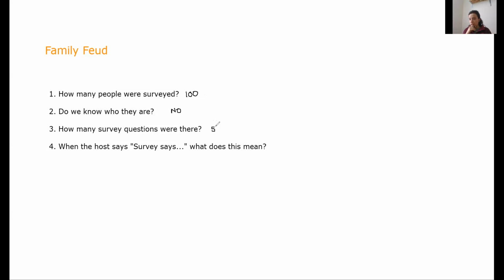And then the last thing is, when the host says survey says, so he says, survey says 64. What does that number mean? What does it mean to say survey says 64 or 30? It's the number of people who agreed with the answer. The number of people who gave that answer, not only agreed with the answer, because he didn't propose those options.